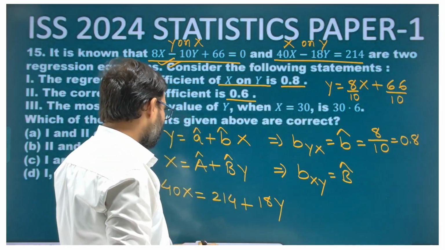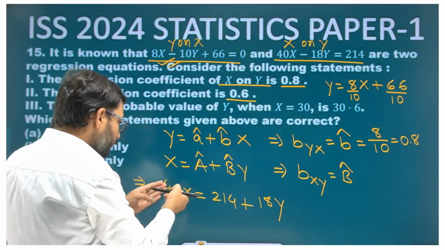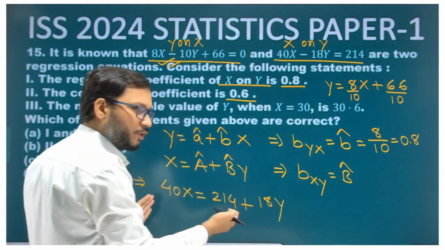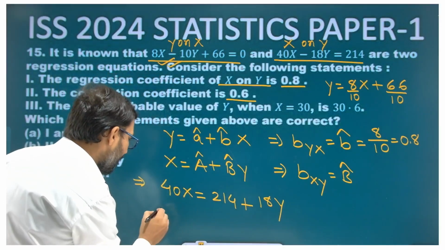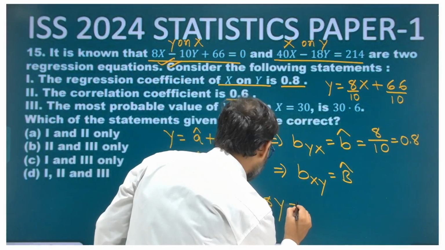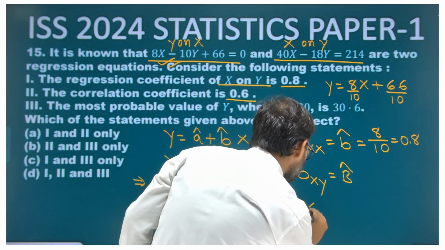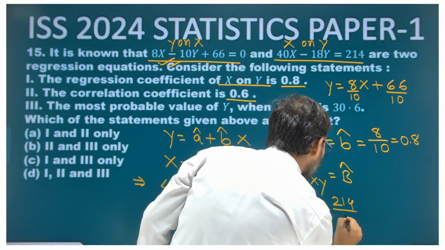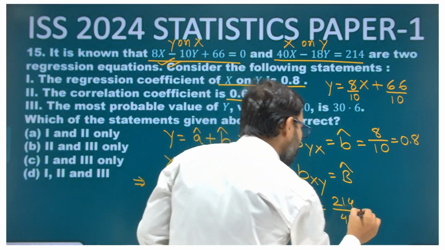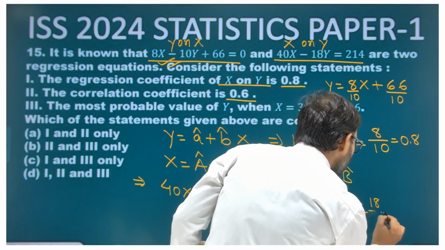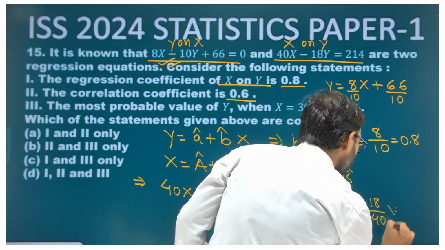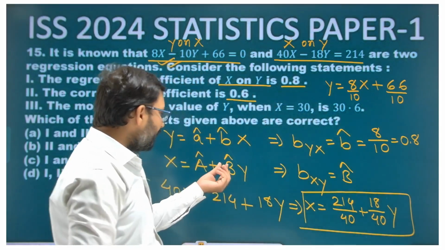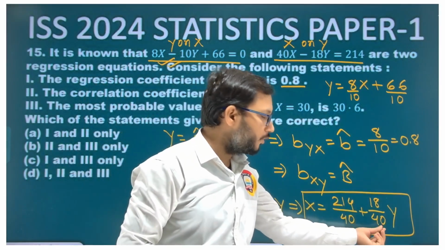Now you can easily find that if I have to keep only x on this side, the entire equation should be divided by 40. So I am dividing it by 40. It will give x equals 214 by 40 plus 18 by 40 y. So x is equal to this. Now in this case, you can see that b cap is equal to 18 by 40.